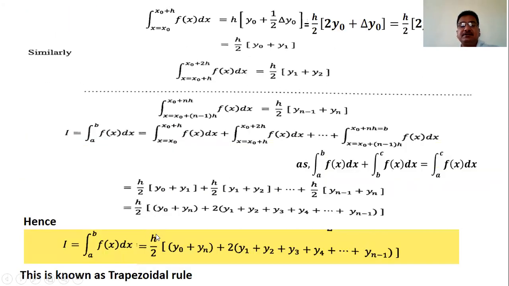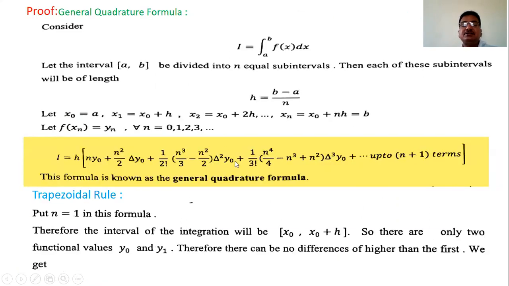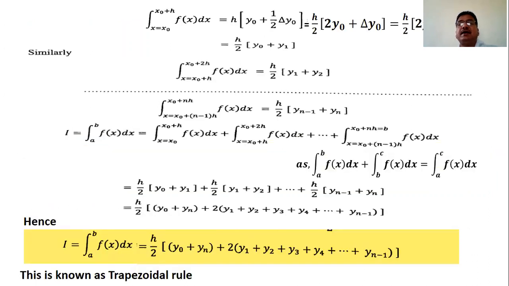And the further differences, delta square y naught, delta cube y naught, are all equal to 0, because there are only 2 values of x or y, and therefore all the further differences are 0.